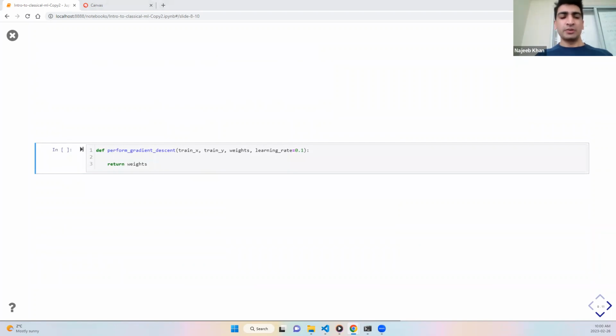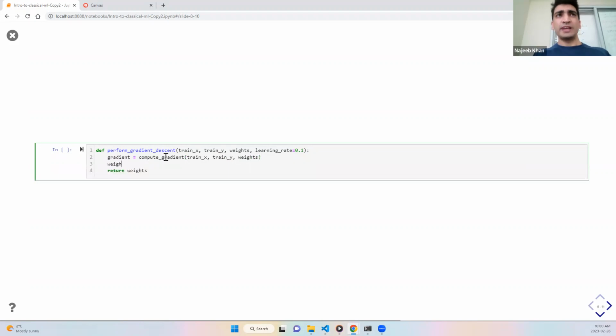So we have the gradient, which we can just compute. So compute gradient, this is the function that we just coded in the previous slide. We provide it with the training examples, the training targets, and the weights of the model. So that's the gradient.